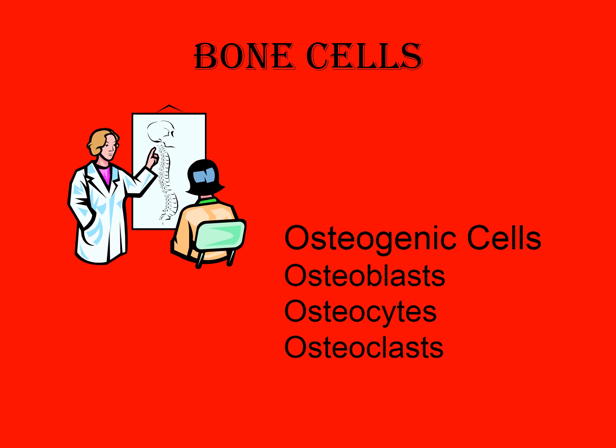So the blast and the clast are a constant maintenance to avoid osteoporosis. In osteoporosis, which we'll talk about later, you'll see an increase in osteoclasts, so the breakdown of the bone cells. In general, you need homeostasis to maintain the breaking down and forming of new cells. But when you have an increase in breakdown of bone cells, that creates further problems.